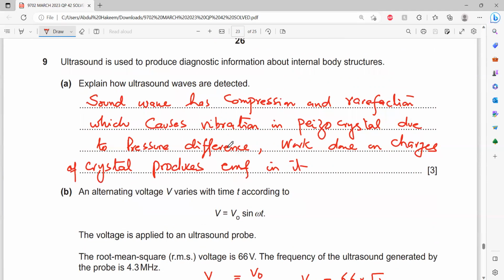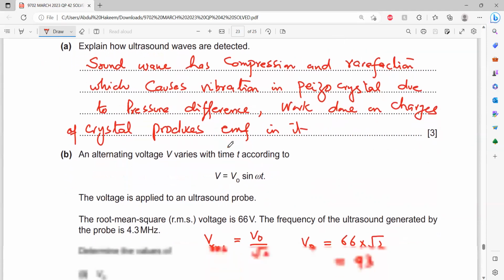When ultrasound strikes the surface of the piezo crystal, work is done on the charges of the crystal. The piezo crystal is made of silicon oxide, silicon positive ion, oxygen negative ion. So when work is done on the charges of the crystal, voltage is produced, EMF is produced, so it's detected.